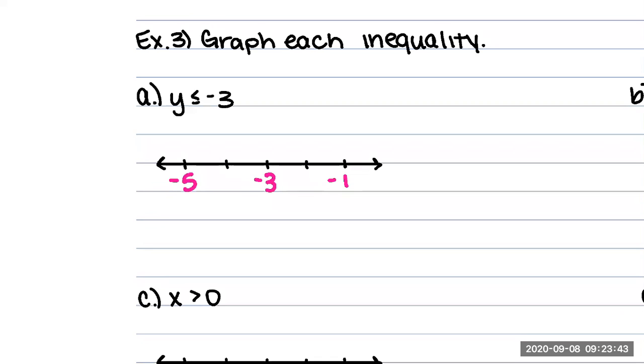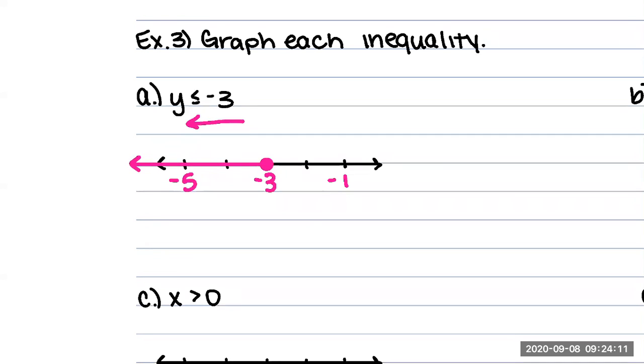My variable comes first, so I'm good to go. My sign points to the left, so my line's going to run to the left from that negative 3. Now, that inequality says equal to, so it's going to be a closed circle on negative 3. And then again, that line just runs to the left because the inequality sign points to the left.